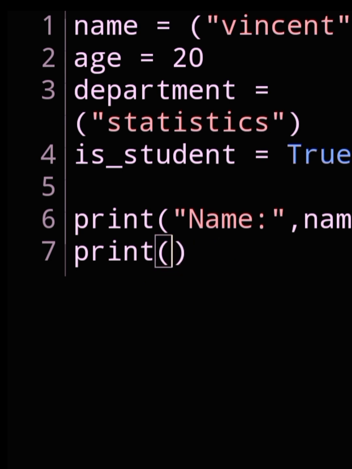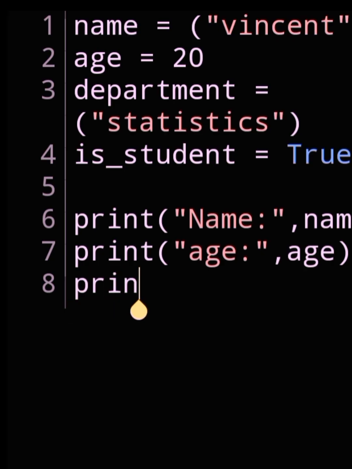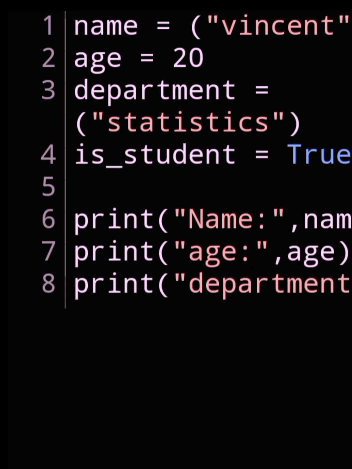I forgot my quotation mark. Print your age and also your comma. Also print your department. Print your department out.